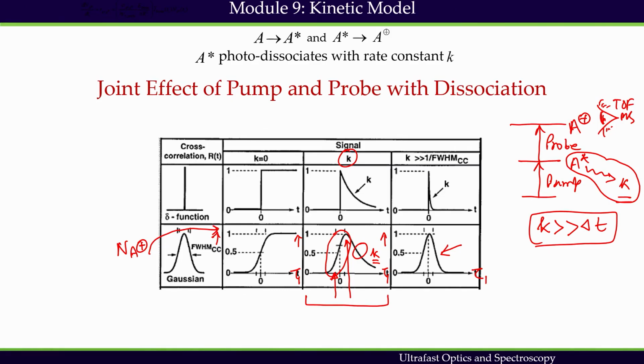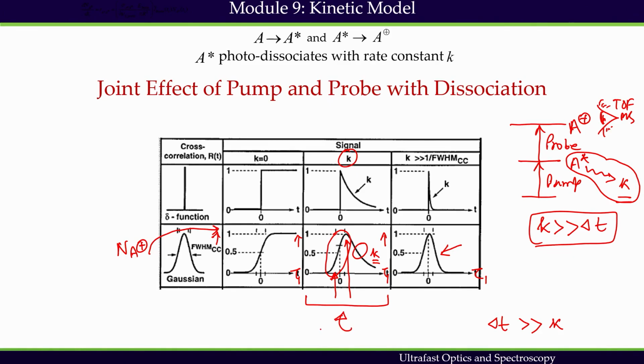When I have pump and probe pulses longer than the rate constant, which means the process is very fast, we cannot measure it. Only if the dissociation or some loss process is very slow will we be able to measure the process with the help of the pump probe configuration.